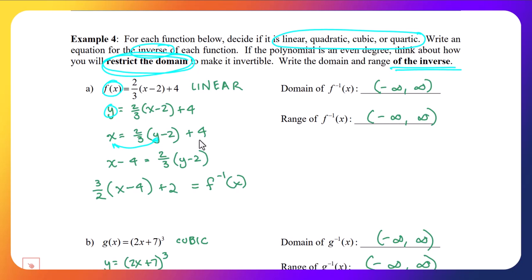To get y by itself, I'll kick the 4 over, that's where the minus 4 comes from. I'll multiply both sides by 3/2 to get rid of the 2/3, and then I'll add 2 to get the y by itself, and y is the inverse of f. Since it's a line, it's going to go left and right forever and up and down forever.